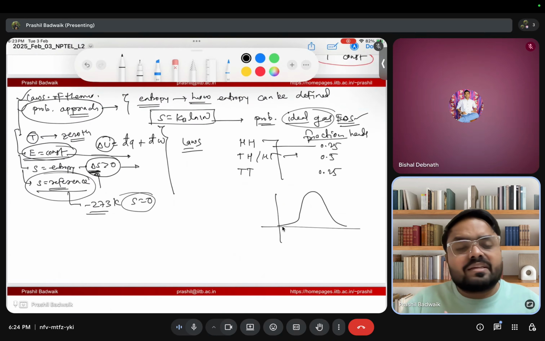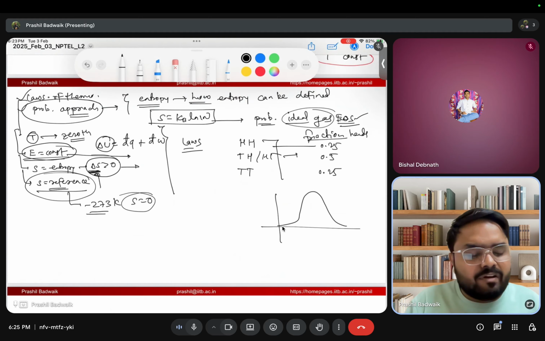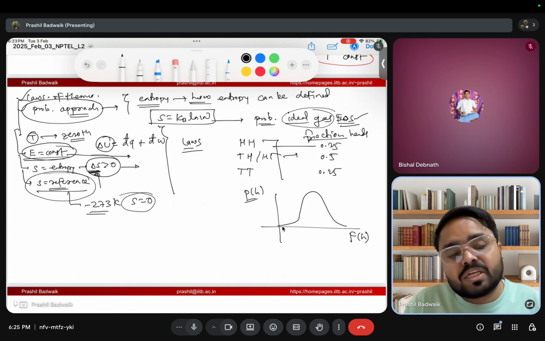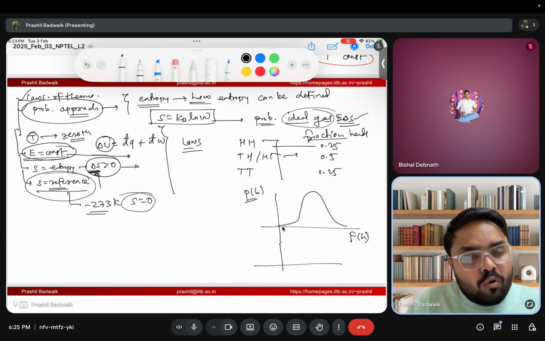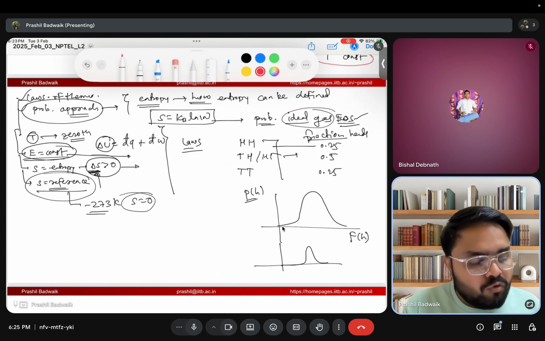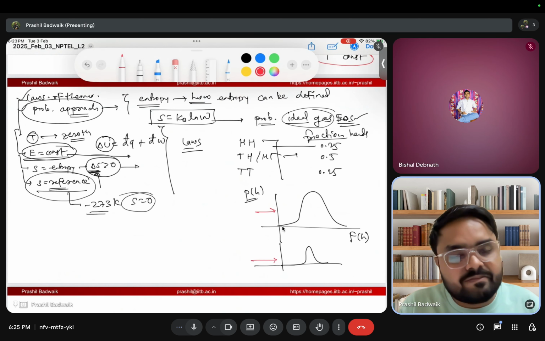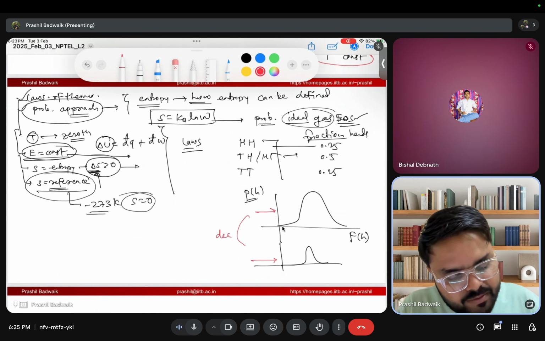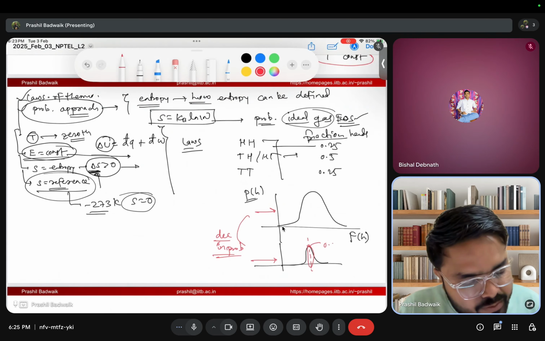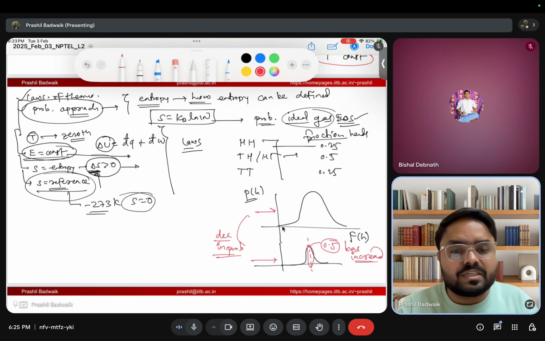And we got to know, as I increase the number of coins and plot fraction of heads versus probability of that event to happen, that the overall probability decreases at the extremes, but the probability of getting the center value, the distribution close to 50%, has increased.